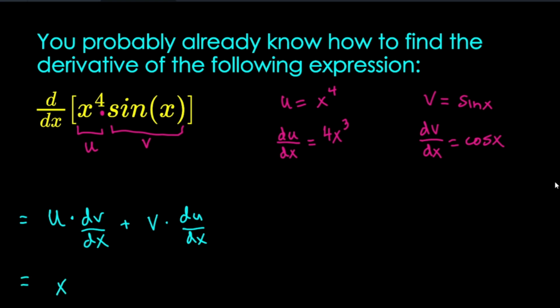And so u was x to the fourth, and dv dx is cosine of x, plus, and then v was sine of x, and du dx is 4x cubed.